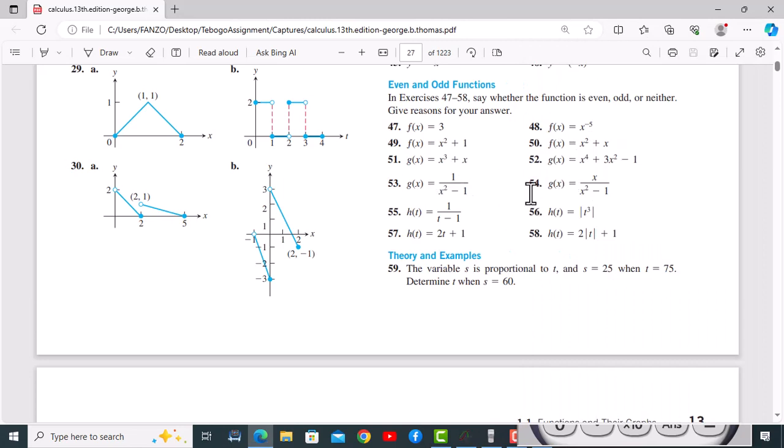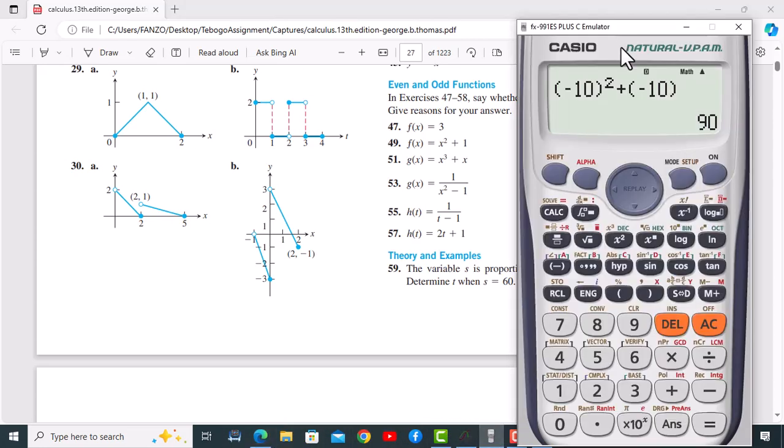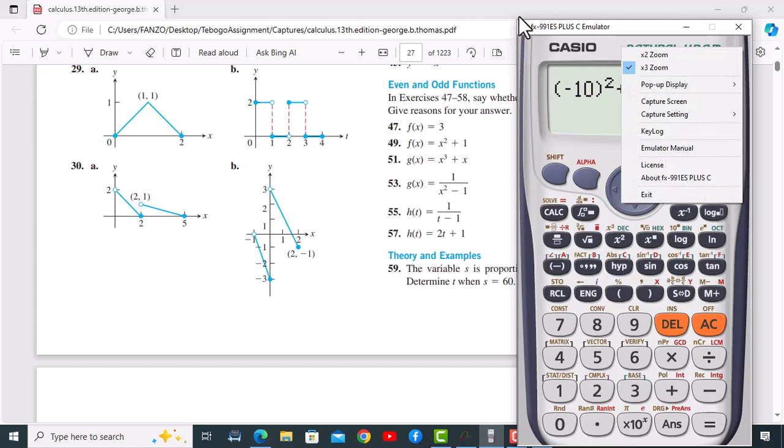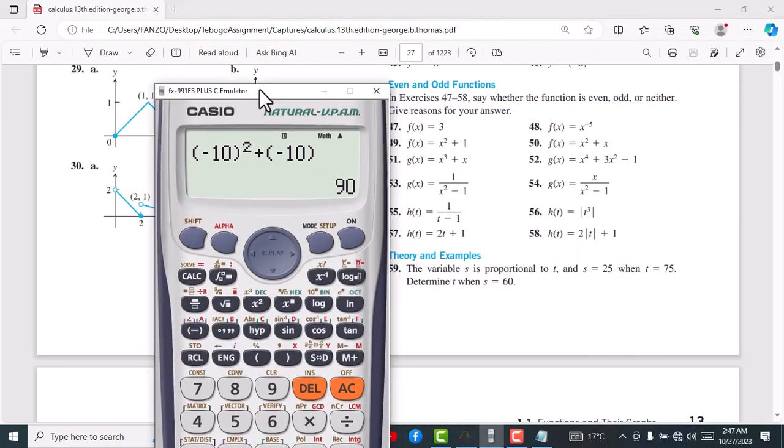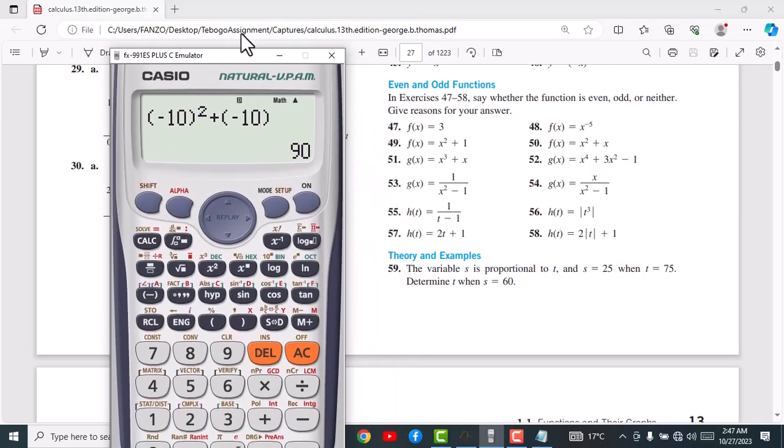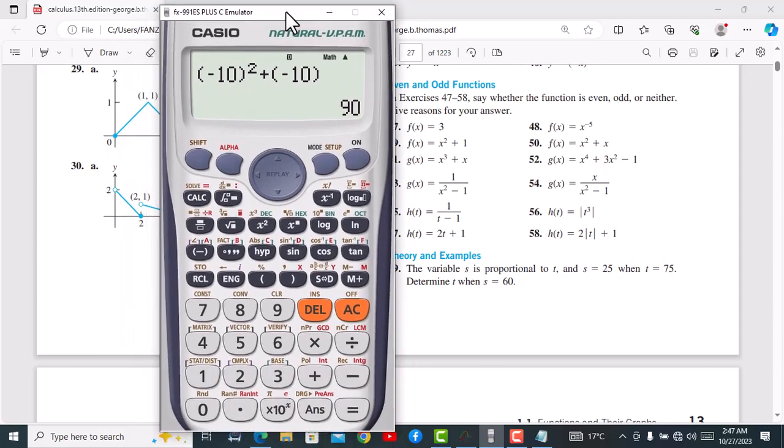So I'm not going to do those ones. You'll do them. I will do this one just to check whether it's even or odd. Give a reason. I'm already giving reasons by showing the calculations there. So let us try to look at this one.